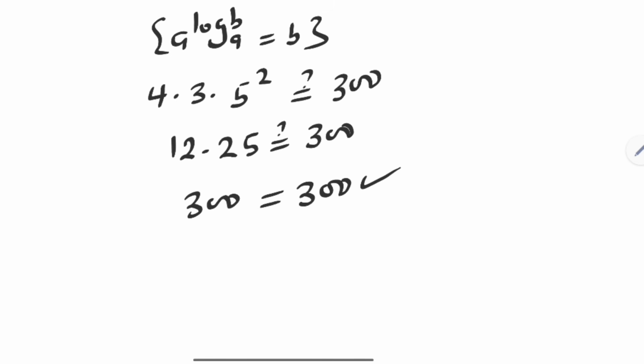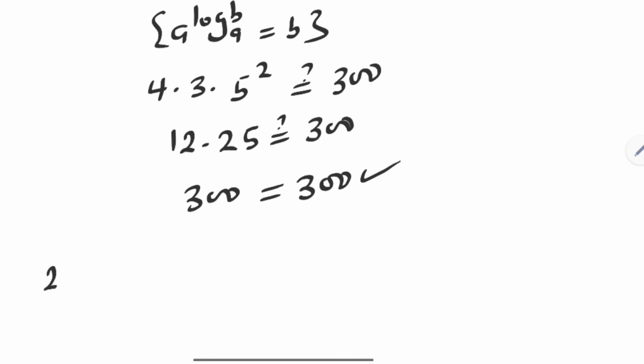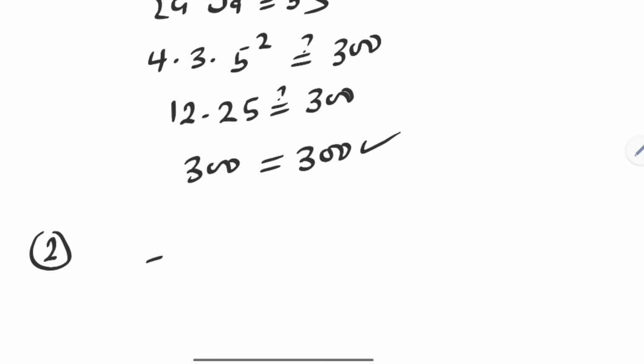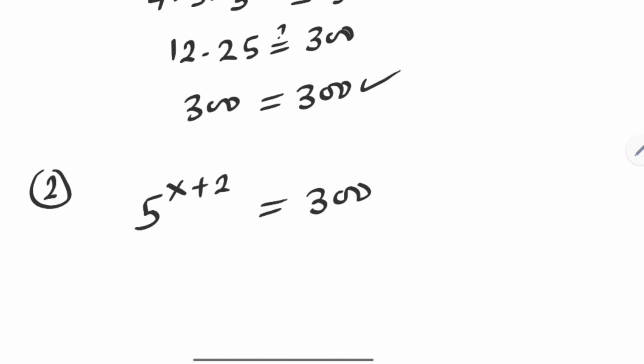Let us consider the second method called method 2. From the second method, we are going to make use of what we call natural logarithm. We have the given equation 5 raised to power x plus 2 is equal to 300. Then this is the same thing as 5 raised to power x is equal to 12.